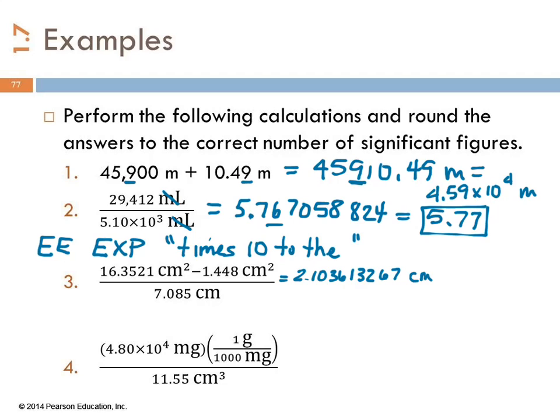How do we figure out how many sig figs here? We've got subtracting and dividing. We need to look at both parts to see what's going on. So this part up here, the numerator, if we did that by itself, let me do it again real quick, 1.448. The result of that is 14.9041 square centimeters.